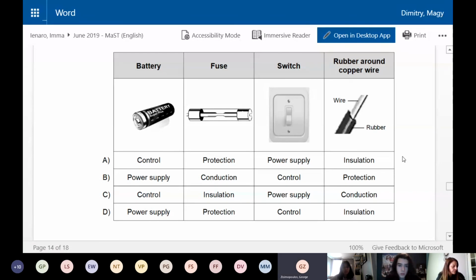I won't, I'll save it for someone else to answer. Bingo. You guys are so smart. Very good.